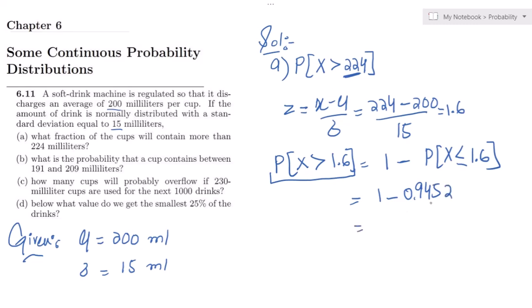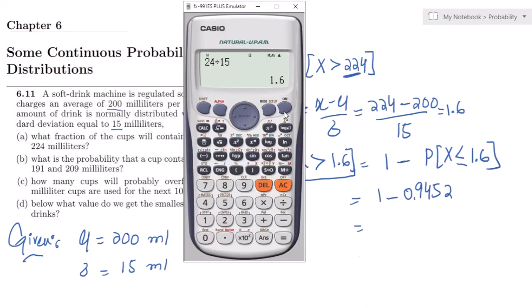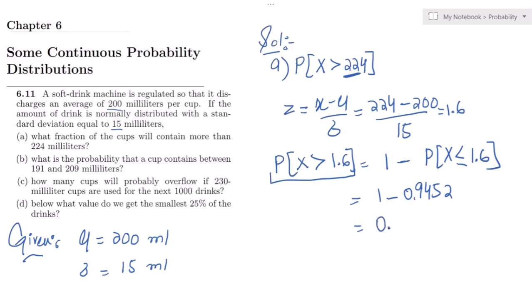Let me subtract it from 1: 1 minus 0.9452 is 0.0548, which is around 5.5%. So 5.5% of the cups will contain more than 224 milliliters. That is the solution of part A of our question.